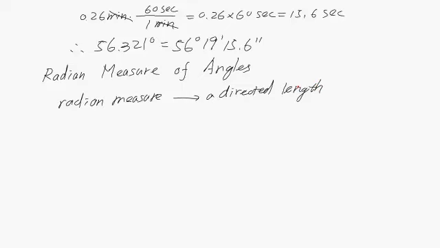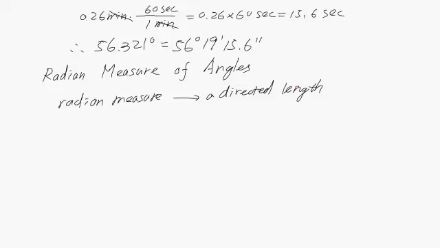When you rotate the ray clockwise, then you have the negative value. When you rotate the ray counterclockwise, then you have the positive value.